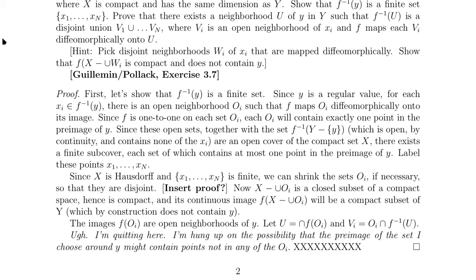Okay. So what it felt like to me is that we could just intersect the images, but based on Gilman and Pollock's hint, that might not be correct.